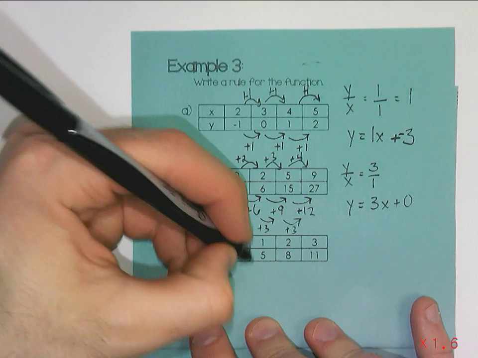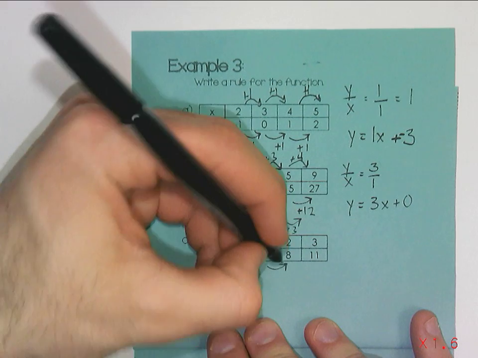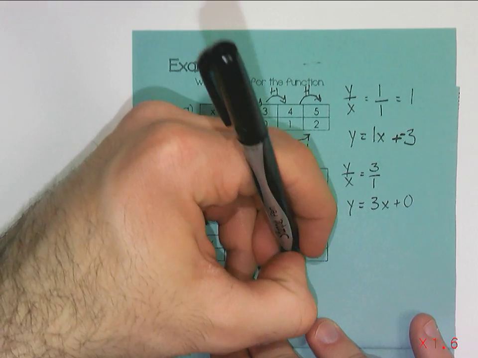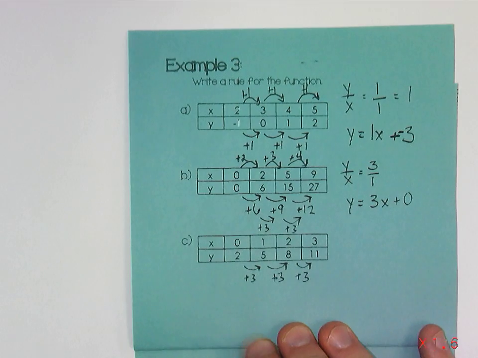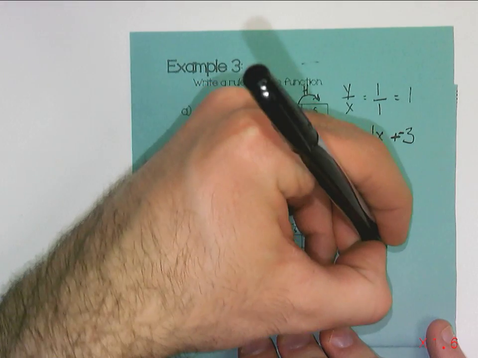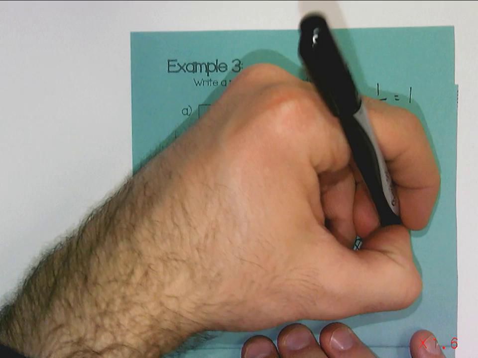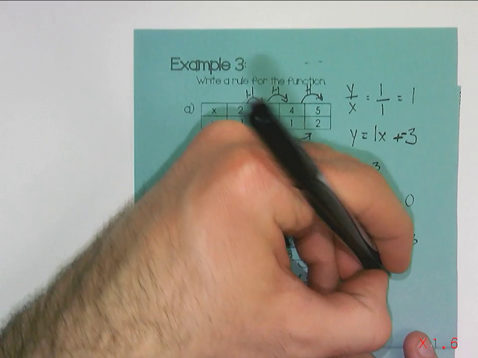So let's look at C then. 2 to 5 would be plus 3, 5 to 8 would be plus 3, 8 to 11 would be plus 3, and the top is all changing by 1. So if I do my y over x, I'm going to be left with 3 over 1, which I can say is just 3. So y equals 3x.